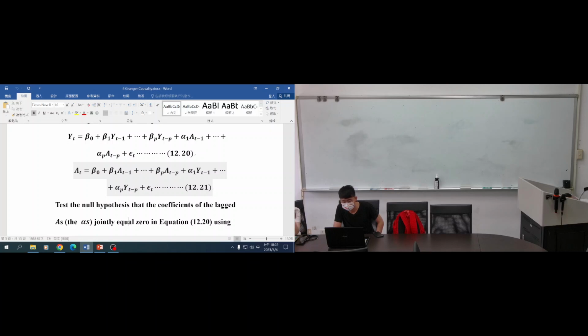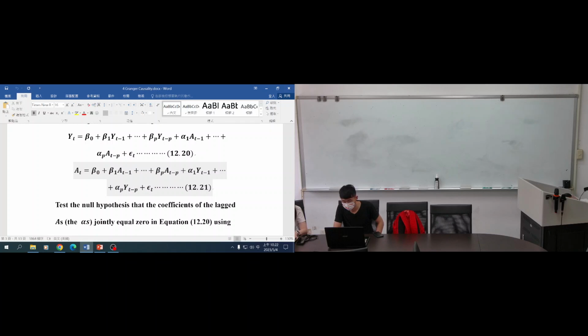One is the alpha in 12.20 significant and 12.21 not significant, or even the reverse, not significant in 12.20 and significant in 12.21. So there are 2 cases, right? The other one is both of them not significant, and this is the third one. The fourth one will be all significant, right?